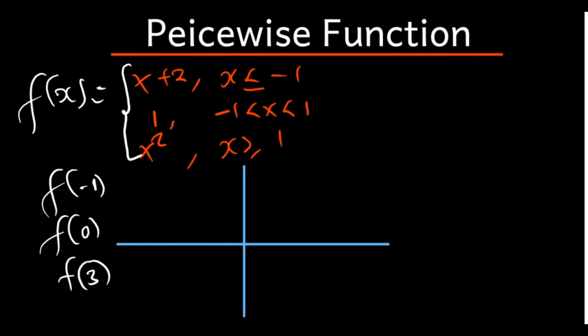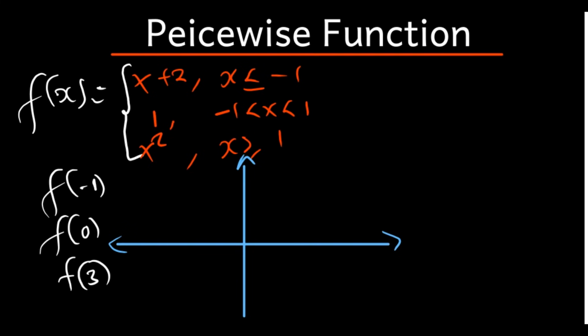Now on this graph, I'll start with the coordinate which has been given. As we can see from the domain, we are going to follow the same conditions which have been given. So the first part, they're saying that x plus 2, the values of x are supposed to be less than or equal to -1.